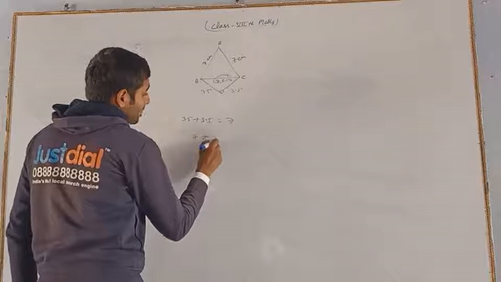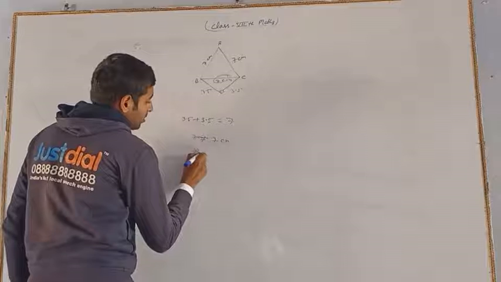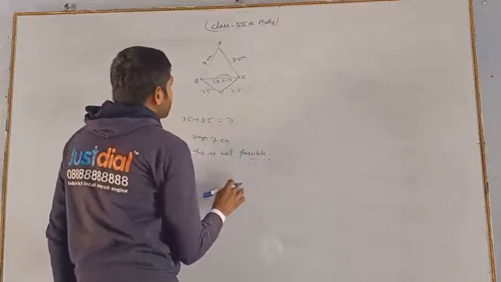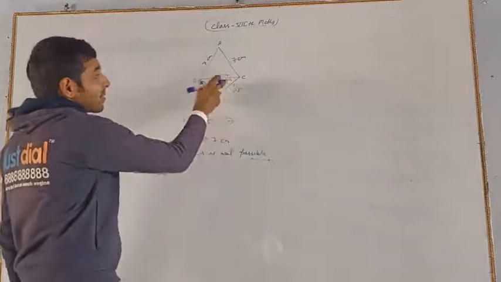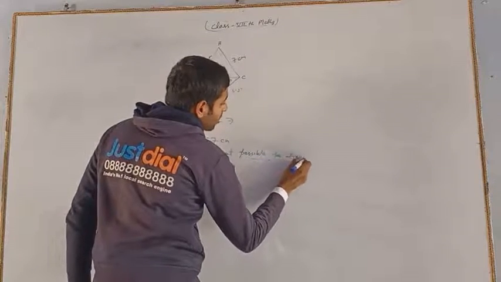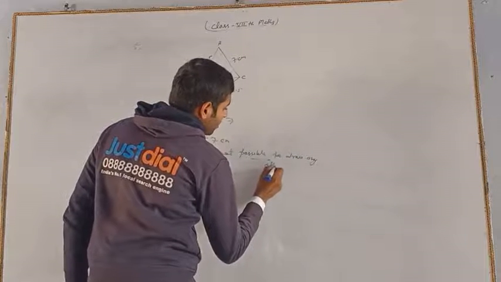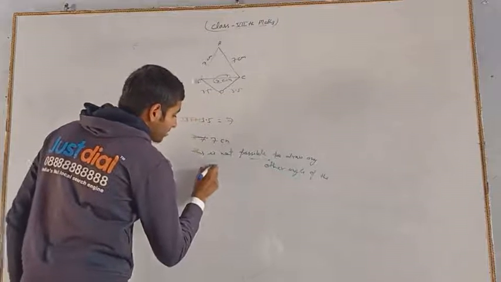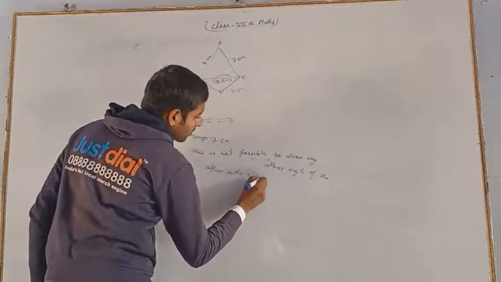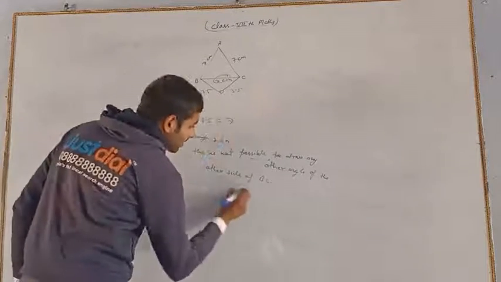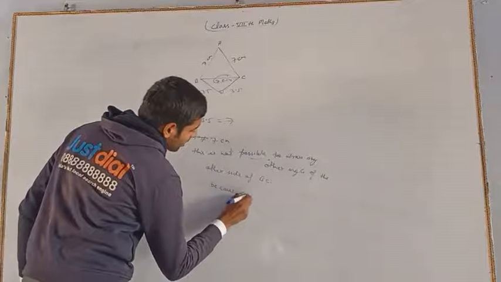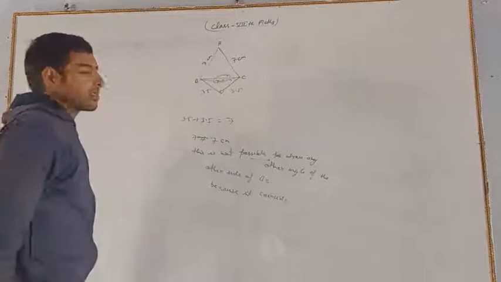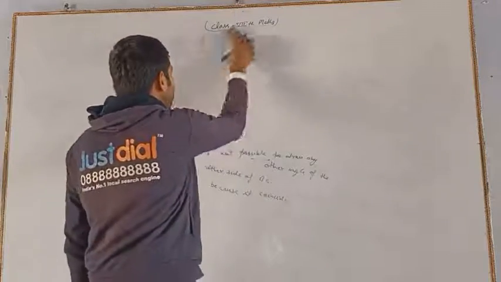So 7 is equal to 7 cm, so this is not possible to draw any other angle on the other side of BC, because it coincides. So it is not possible.